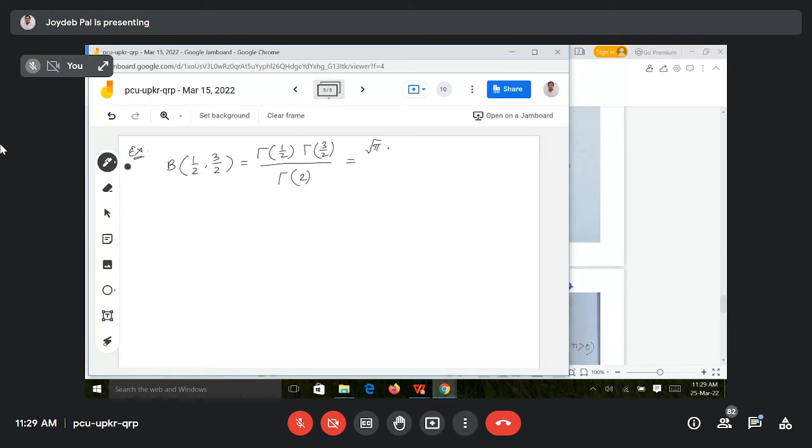You apply the property gamma alpha plus 1 is equal to alpha gamma alpha, where alpha is equal to half.